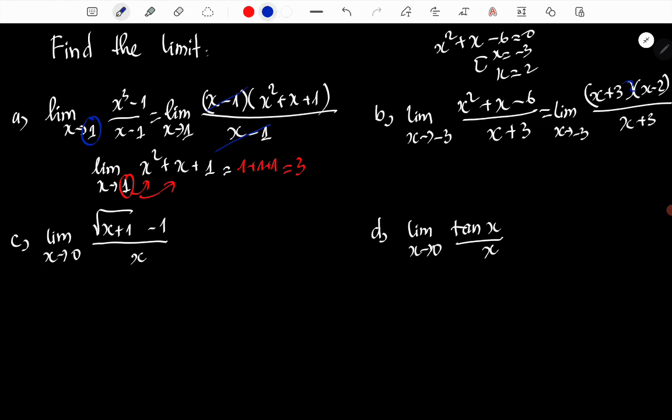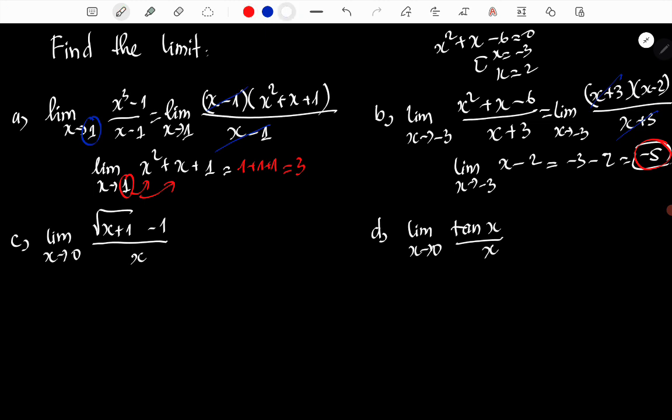So here once again we can cross out x plus 3. So now the limit as x goes to negative 3 of x minus 2. So we have negative 3 minus 2 equal to negative 5. So the final answer is negative 5.